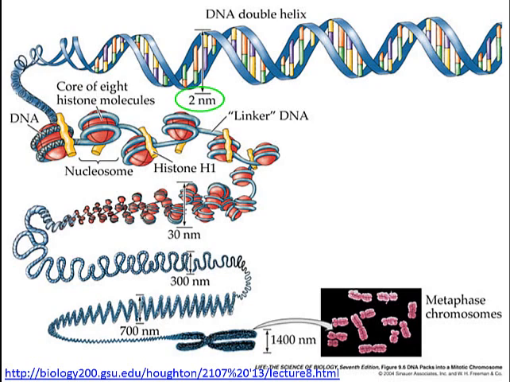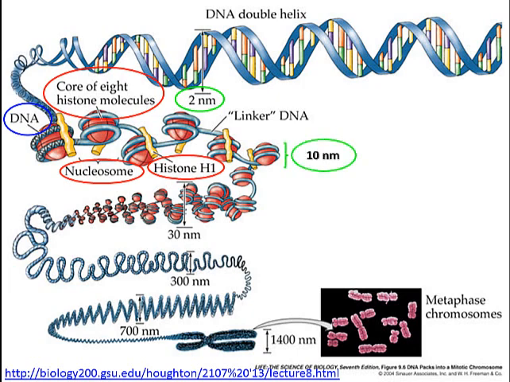2 nanometer DNA comes and turns 2 times around histone octamer, making nucleosome. Then histone 1 or H1 is added to this nucleosome, which is 10 nanometer in size.